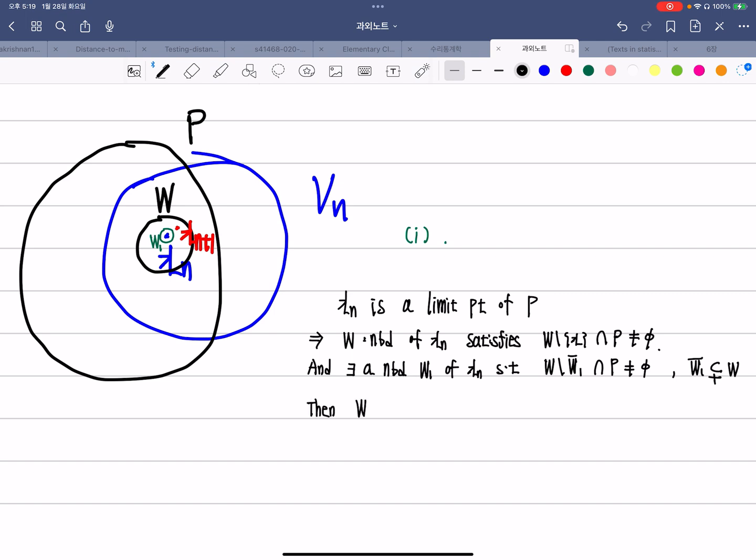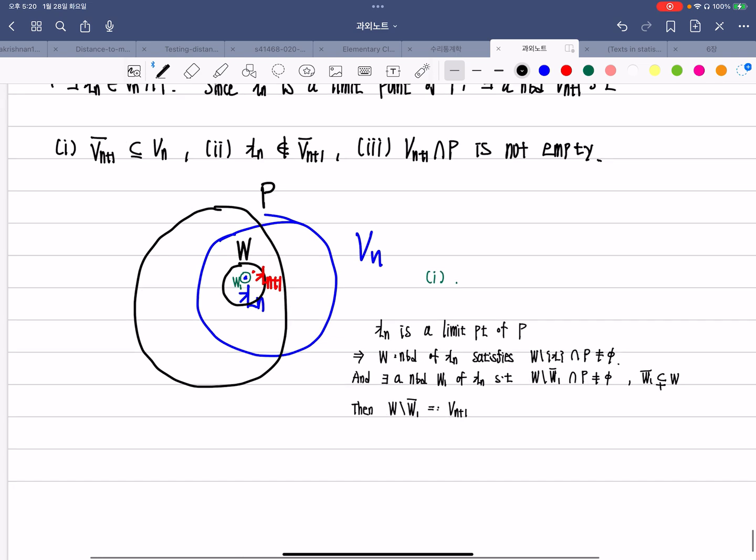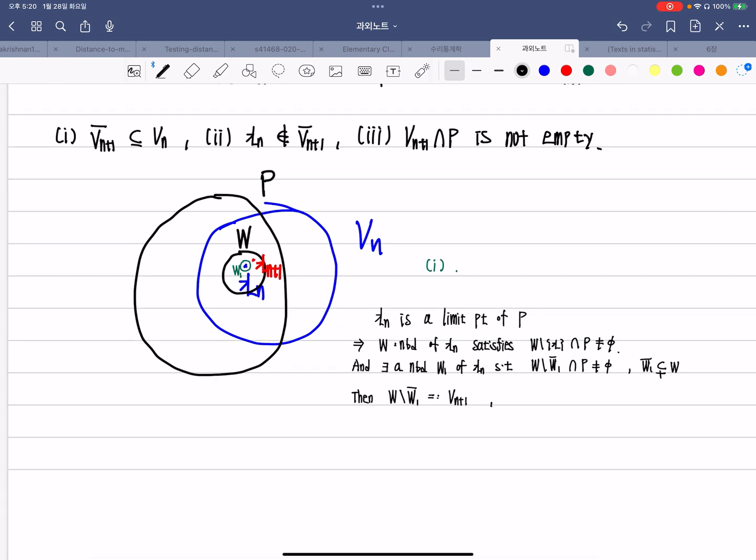Let Vn plus 1 be this neighborhood, and conditions 1, 2 and 3 are displayed. Okay.